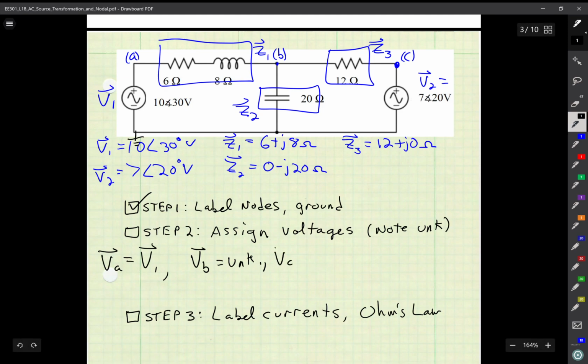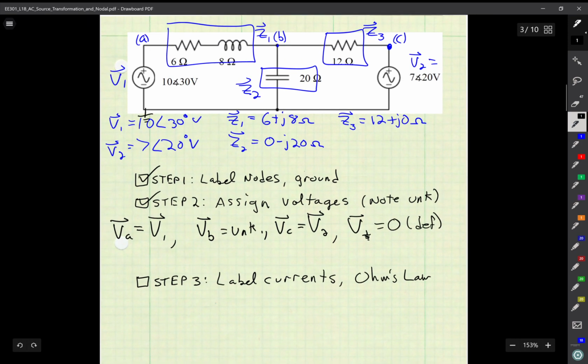VC is known to be V2. And if I want to be complete, I had 4 nodes, so I have 4 voltages at those nodes, and V ground is simply going to be equal to 0, by definition. This is the voltage that I reference at 0, my defined ground. So I'm done with step 2.